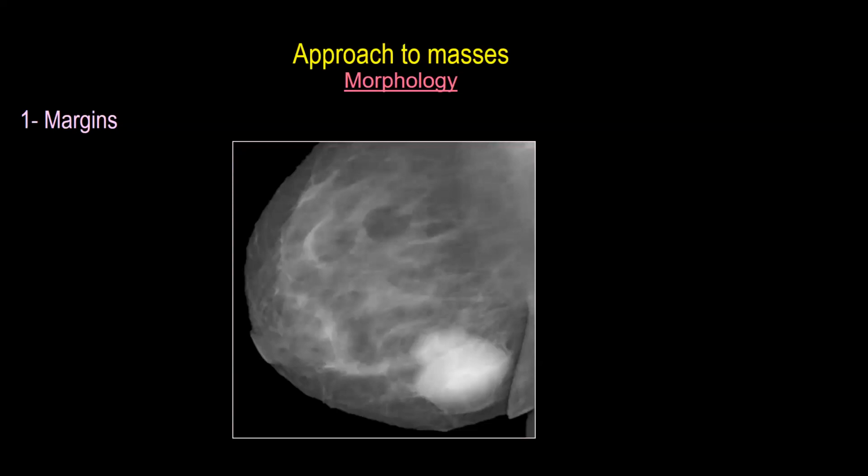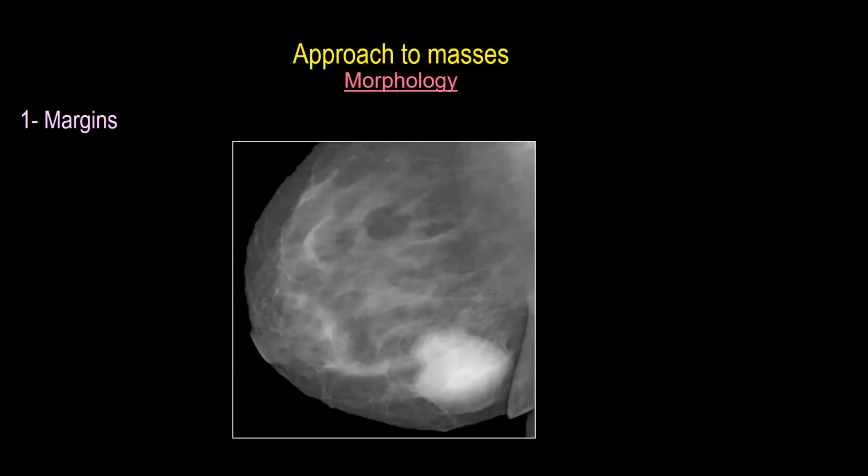Microlobulation? Is it micro? Here you have only two lobules. If you look at the lobules, you will see this is oval, because you have just two large lobules or cycles. But regarding the margin, can you see it as circumscribed, microlobulated, spiculated, obscured, or indistinct?